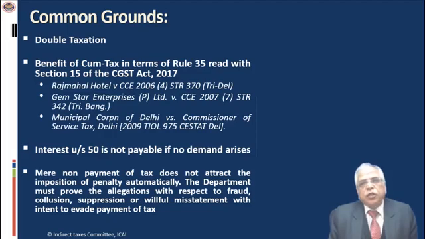There can be a situation where if the demand is being proposed, it can result in double taxation. For example, I am a subcontractor and my contractor has discharged the liability on the full amount which he has received. I am being served a show cause notice.